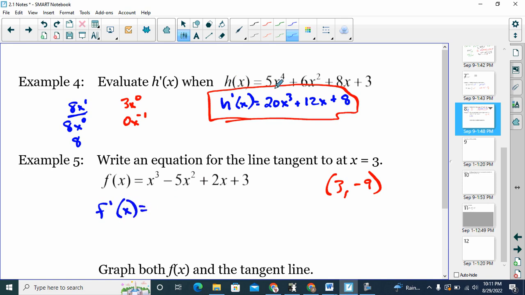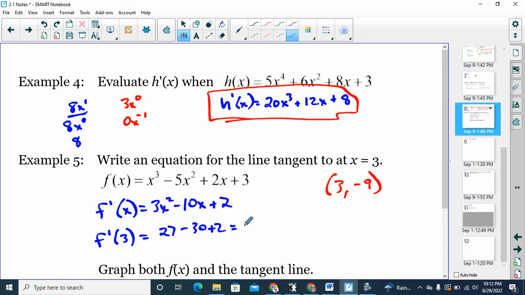We do it the same way we did this one up here. 3x squared minus 10x plus 2. 3 has a slope of 0. That's the slope of the curve. I want the slope at x equals 3, so now I can plug in 3 for my x. So the slope of the curve is -1.